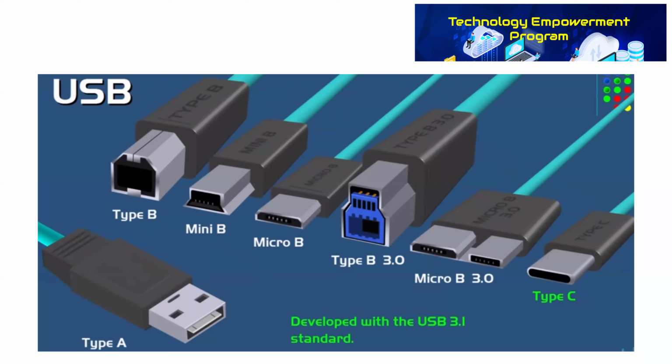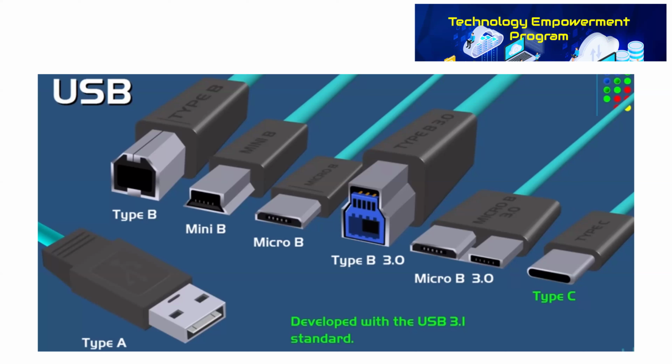Mini B is the one that old cameras use, Type B is the one that printers use. So you have Type B 3.0, Micro B 3.0. Some people that have an external hard drive have this thing. If you have it, yes, that's Micro B 3.0.